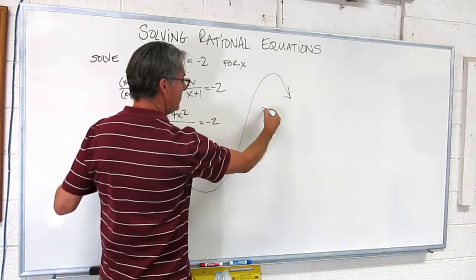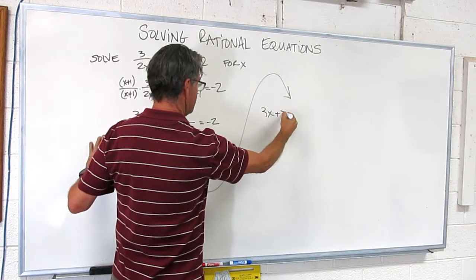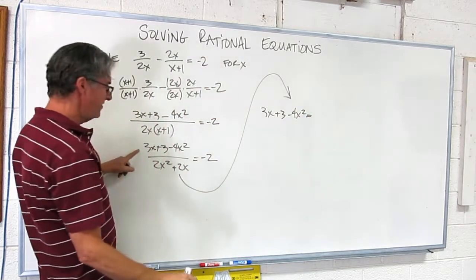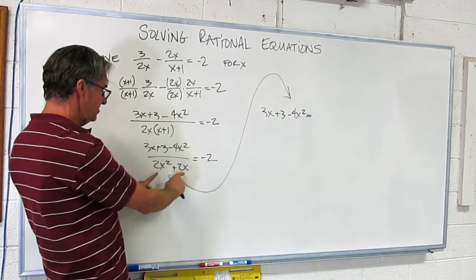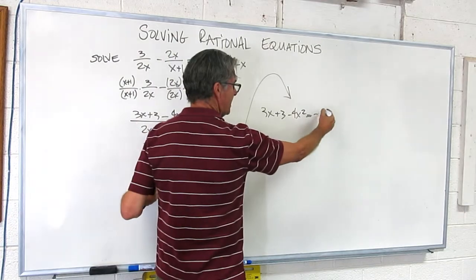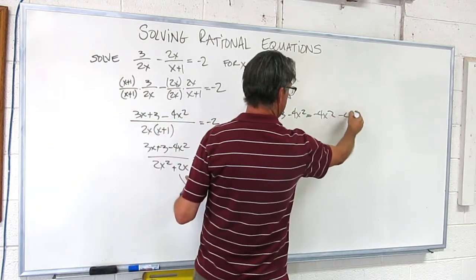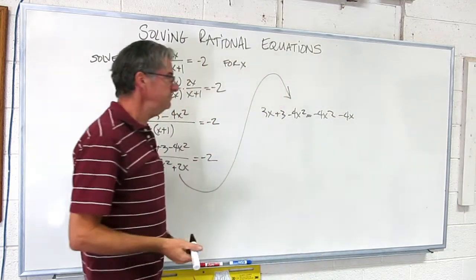So I'm going to have 3x plus 3 minus 4x squared. That's just the top of this one. Now we're going to multiply this negative 2 by this, and I'm going to get negative 4x squared minus 4x. So there we go.